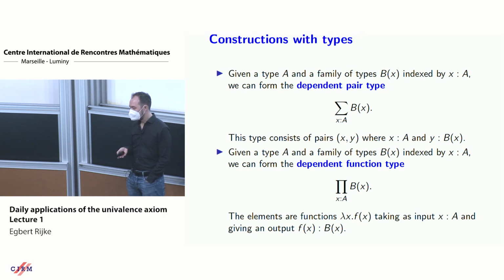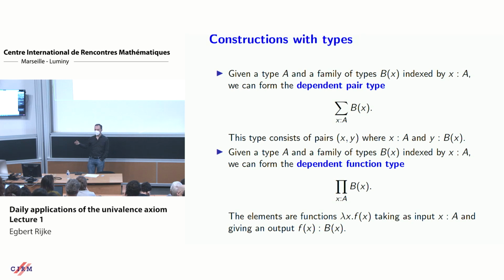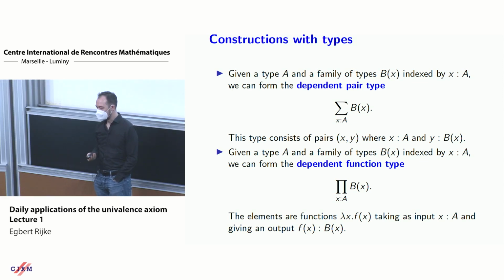Okay, and the other very general thing that you can do is, if you have a type family over A, then you can look at the sections of that type family. So how do you choose for every x in A one point in the fiber over that point? And these will be functions of which the output depends on the inputs, and that's why we call them dependent functions.